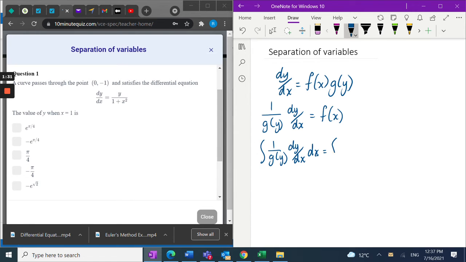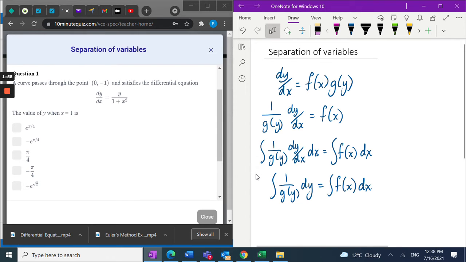On the left, we're integrating dy/dx with respect to x, which is equivalent to integrating 1 over g of y with respect to y. That's, in a nutshell, the idea behind the separation of variables method.